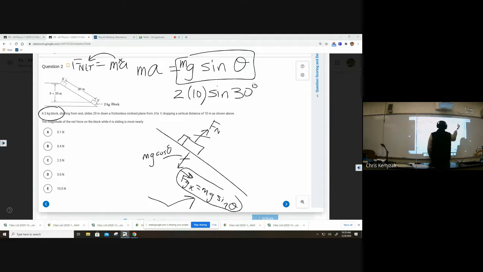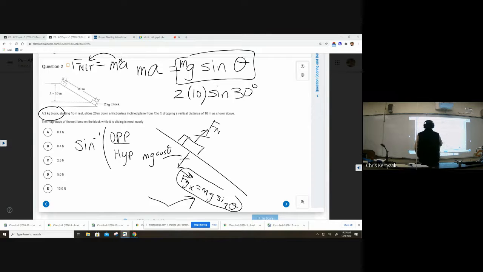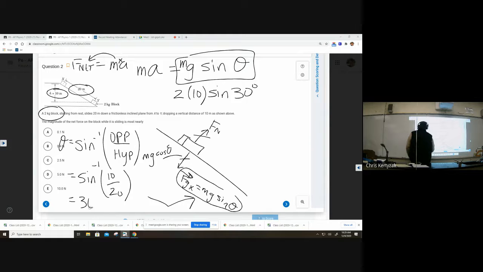This ended up being a 30-degree angle. If you didn't know that, you would have had to do inverse sine of opposite over hypotenuse, right? To get the angle. So that would be inverse sine of opposite, which was 10, divided by hypotenuse, which was 20. And when you do that on a calculator, make sure you're in degree mode.